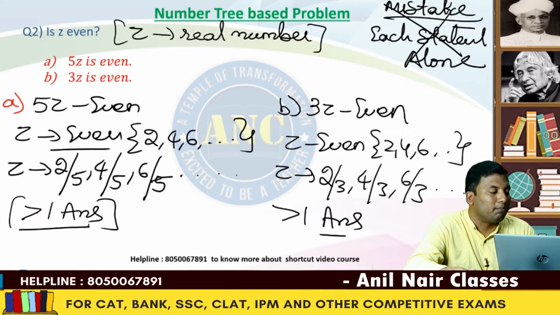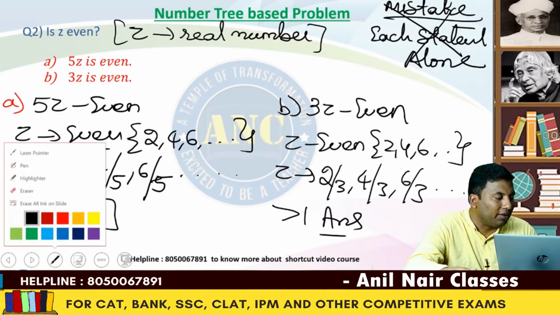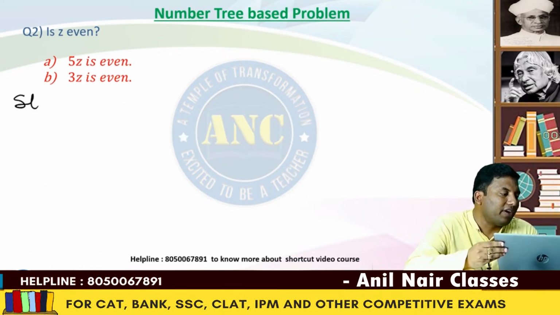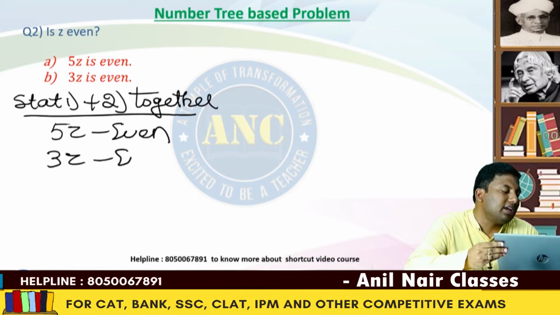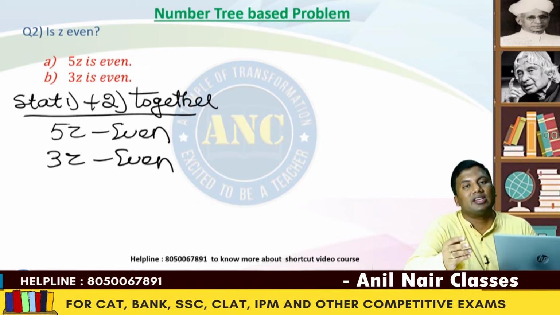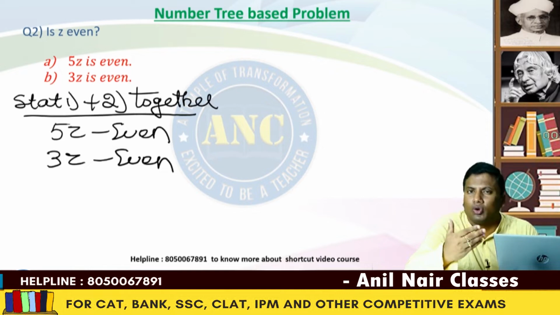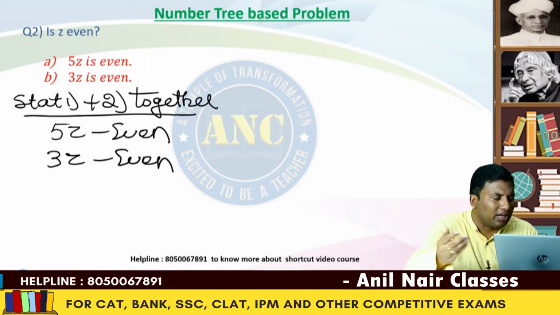Now I will combine. If I do statement 1 plus 2 together, 5z is an even number and 3z is an even number. You can do any of the mathematical operations.